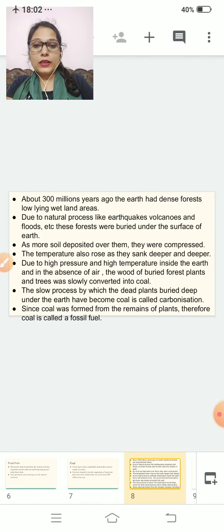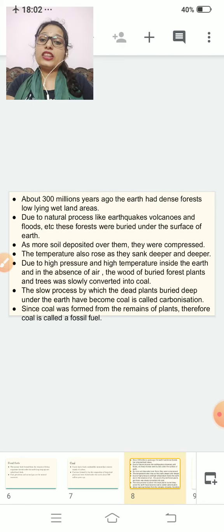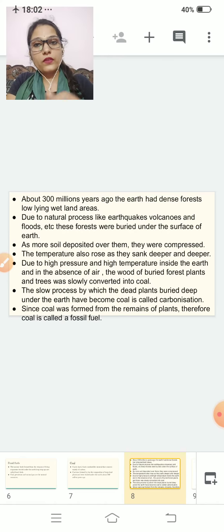As more soil deposited over them, they were compressed. See, first I told you how many years it will take: 300 million years. What? Your wastage of animals and plants buried under the earth. Now it will be covered with soil.